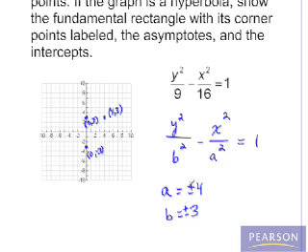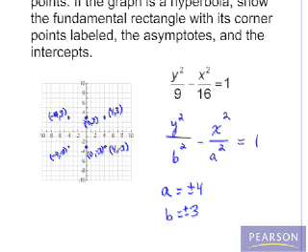We'll have positive 4, negative 3, and then we'll go to negative 4, positive 3, and finally we have negative 4, negative 3.